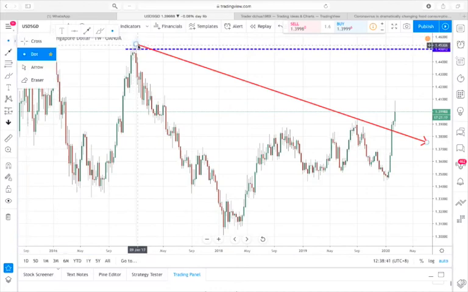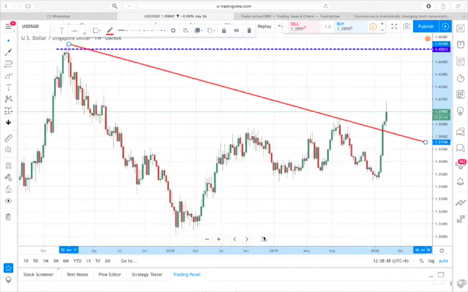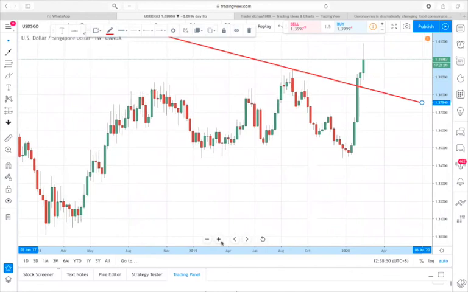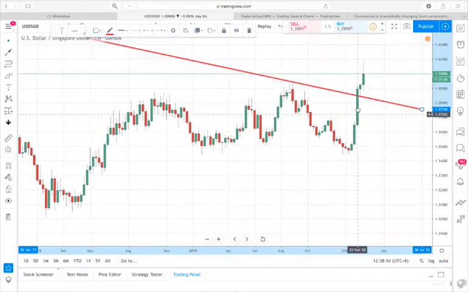Draw the red trend line nicely, so that you don't have the arrow, right? So here already tells you that the price action has broken out from the bearish trend line, which supports what I earlier said on the day chart as well as on the 4-hour chart.